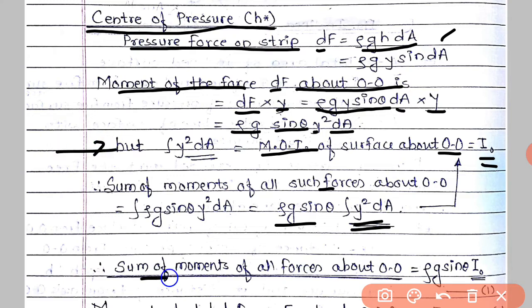So sum of moments of all the forces at O dash O will be rho g sin theta I0.